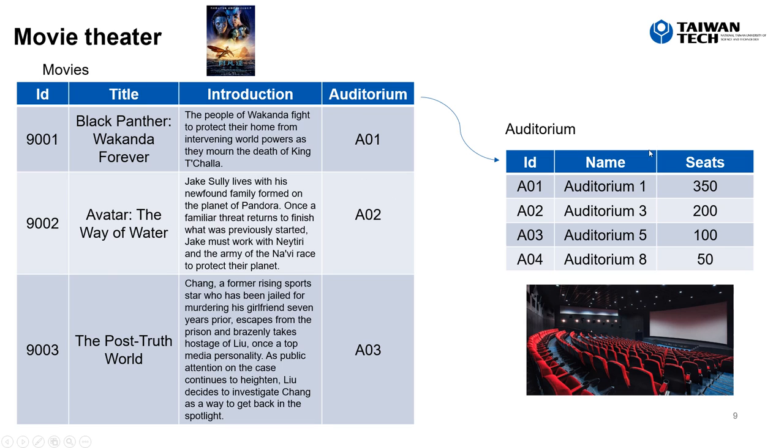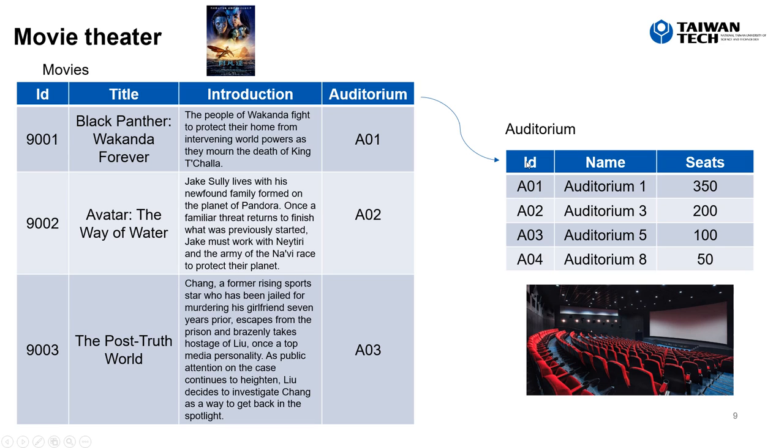Both of them have a title and a name, but seats and introduction are not the same. This is not the similar part. The similar thing is that the movie is connected to the auditorium table. So if we know this is A01 auditorium, I will know A01's name is auditorium 1, and it has 350 seats.